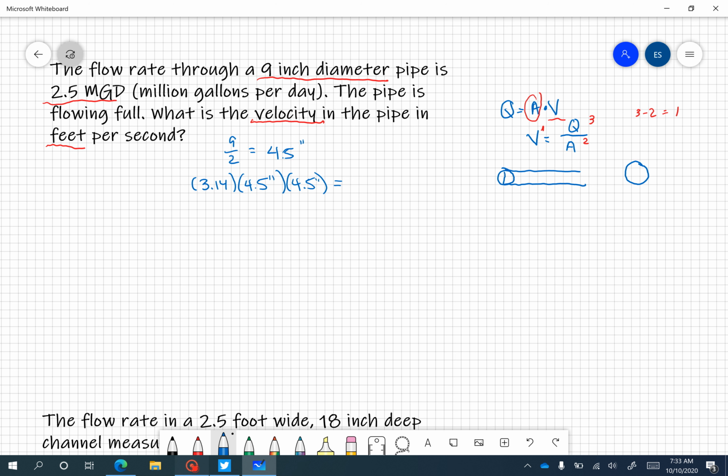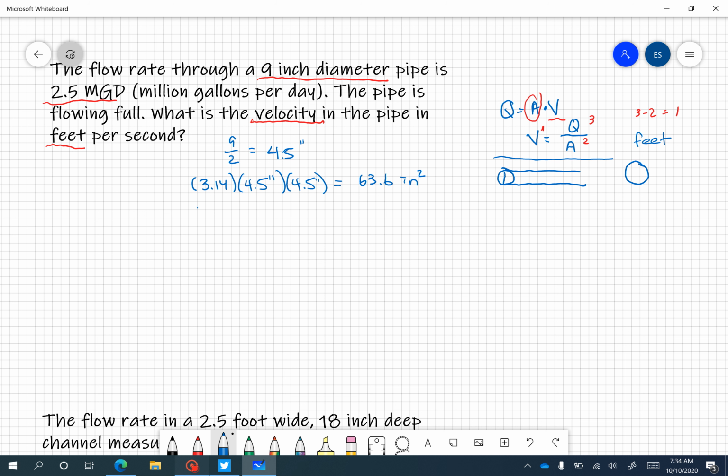Let's go ahead and do that. 3.14 times 4.5 times 4.5 equals 63.6 square inches. But in order for my formula to work, all these numbers have to be in the same unit of measure, or in feet. So let me convert 63.6 inches into feet.